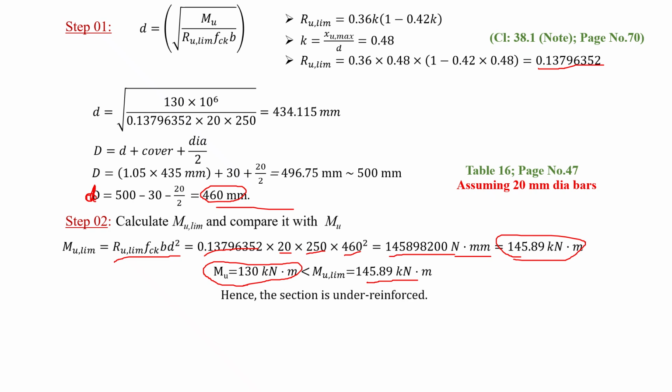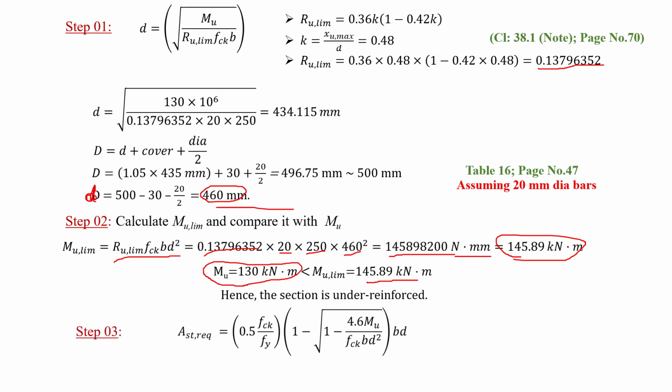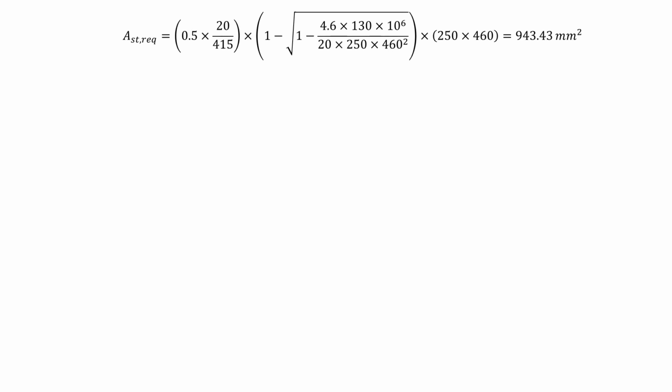So the remaining steps are to find out the AST. We now need to redesign the effective depth. The area of steel required is given using this formula, and I substituted the values. So here it is FCK over Fy and 4.6 into Mu.